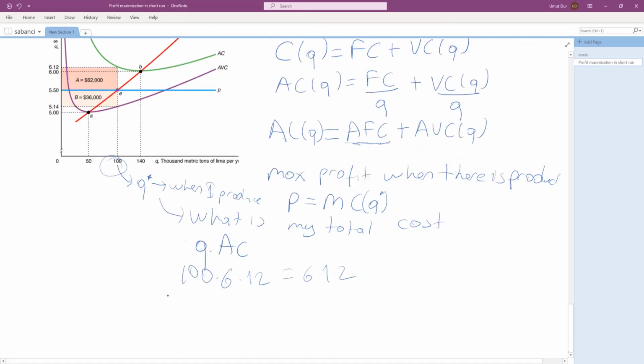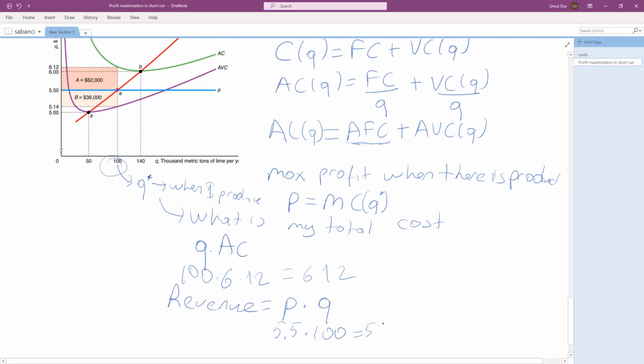What is my revenue? Exactly. It is the price times the quantity. So the price is basically 5.5 times quantity is 100.